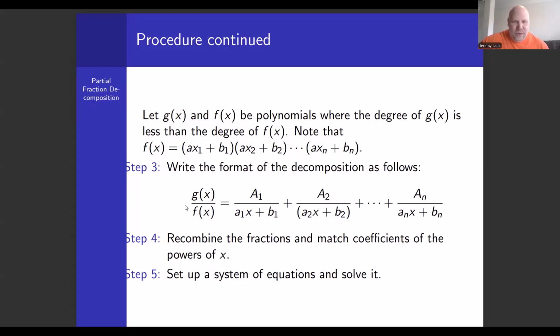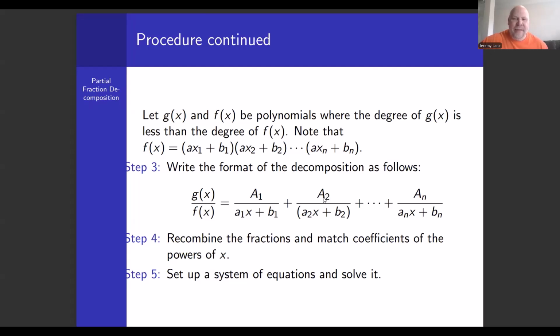After we get to step 3, we get our template down. We are going to recombine these fractions and match the coefficients of the powers of the variable x. So we're going to take this A1 number and multiply by all these other factors for the denominators of all the other fractions.